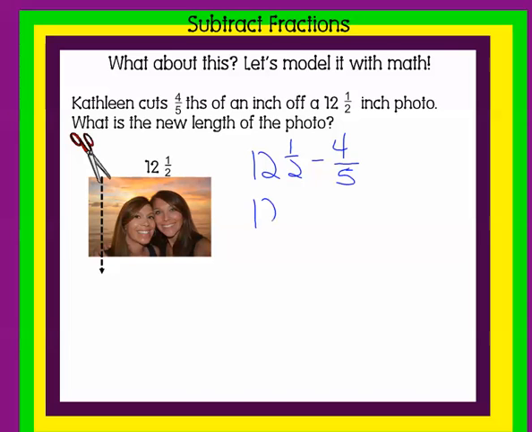So let's rewrite 12.5 as 12 5/10, and let's rewrite the 4/5 as 8/10. Okay? So now let's take this 12 and regroup it. So we're going to make 12 into 11 10/10. Okay? But that's added to the 5/10. So remember that piece for our next step.